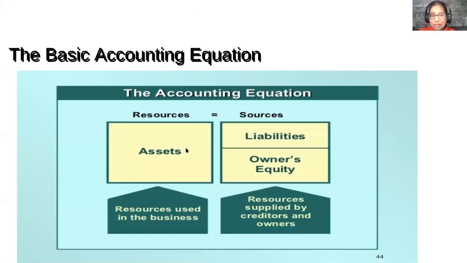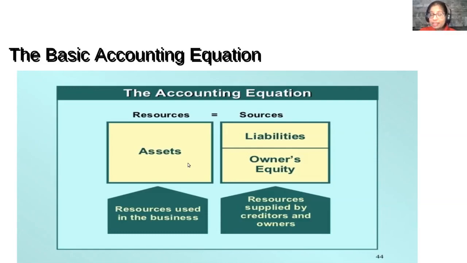I will explain to you what assets is in a short while. Assets is equal to liabilities, another important word, which I will explain later on. Liabilities plus owner's equity, which I will also explain.